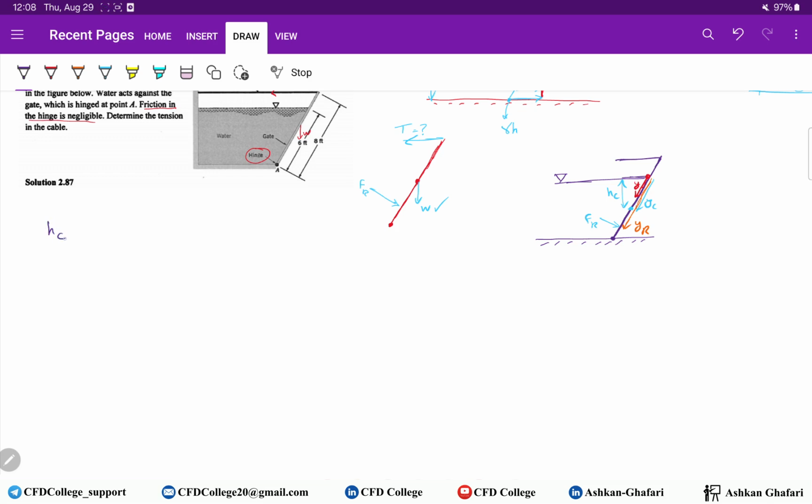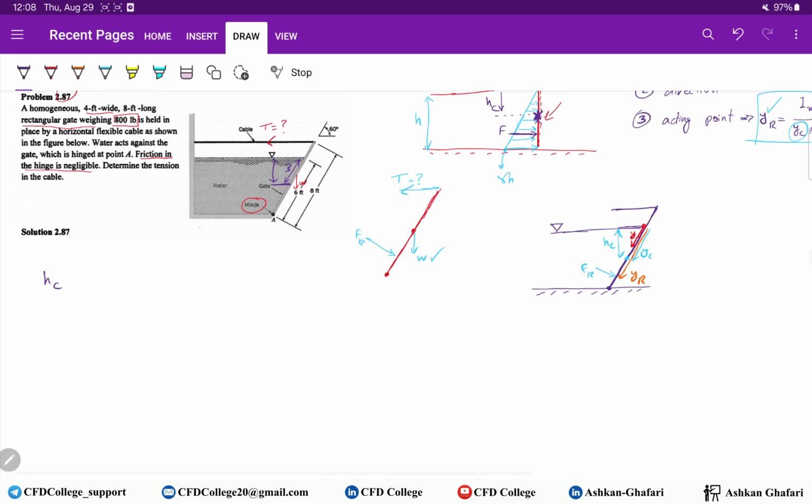HC here is 3 feet, and we know the angle. The angle here is 60 degrees. So we want to find HC.